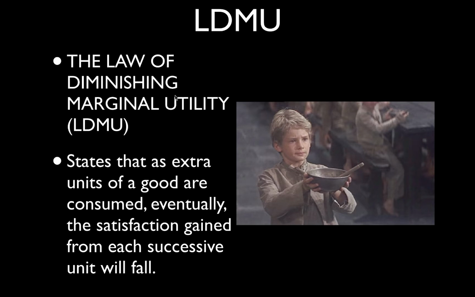And it's quite obvious. Think about it. Here we have Oliver Twist from Charles Dickens's book of the same name, and he famously says, "Please, sir, can I have some more?" So he's hungry, right? If he gets some more gruel or food, he's going to be happy. The first bit of food he gets is going to give him quite a large bit of marginal utility.